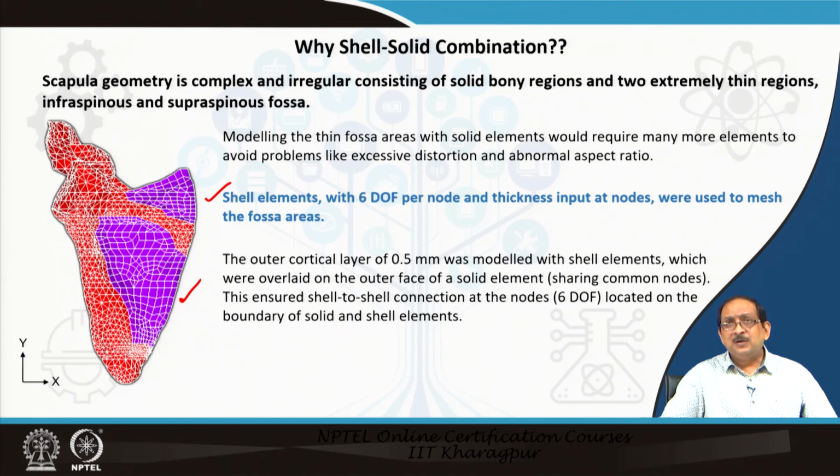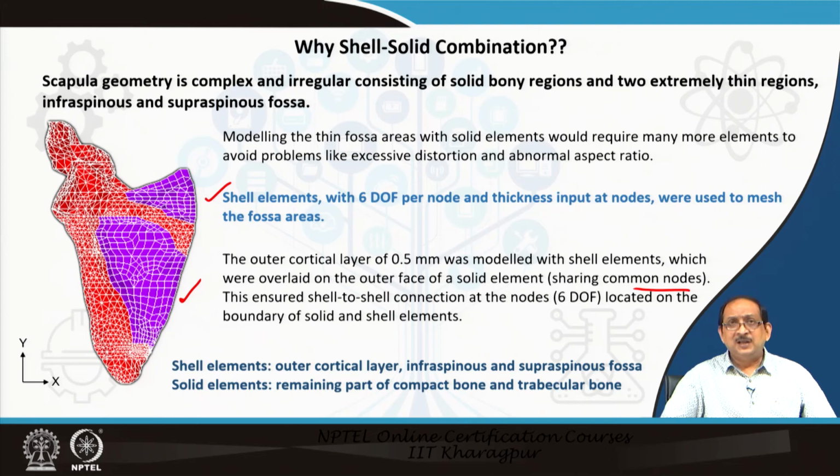The outer cortical layer of 0.5 millimeter was modeled with shell elements, and these were overlaid on the outer face of a solid element sharing common nodes. This ensured shell to shell connection at the nodes with 6 degrees of freedom located on the boundary of solid and shell elements.